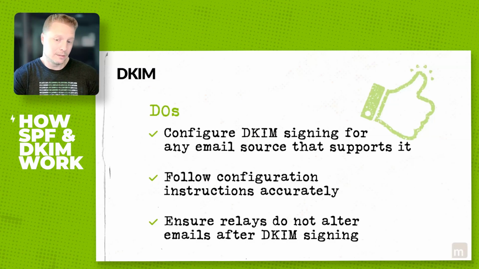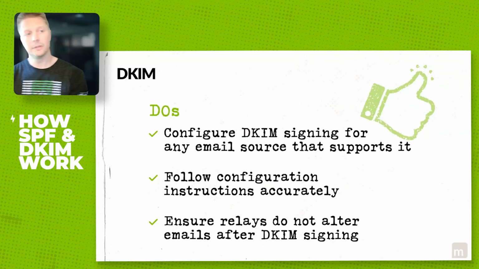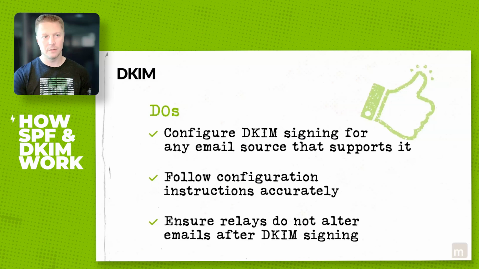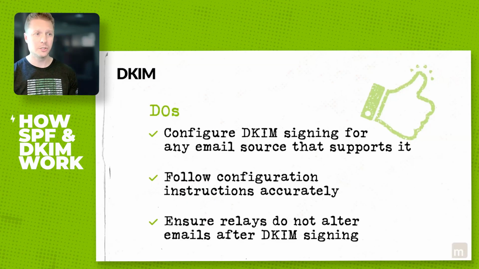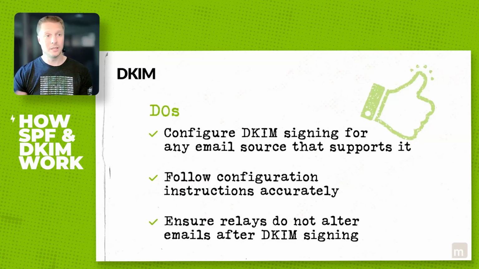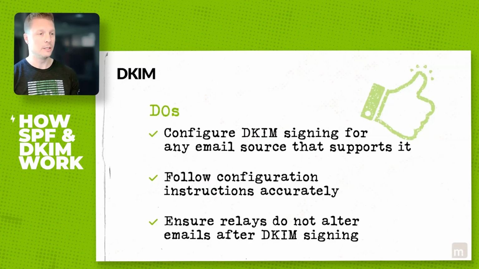And then the last thing is make sure that you don't have relays after the DKIM signing process. So for example, if you send an email from Microsoft or Google, and then you have maybe some type of email signature system that changes that message before it actually goes out to the internet.